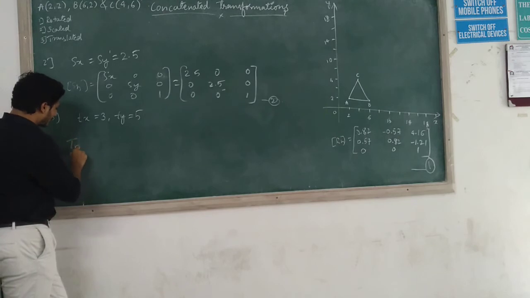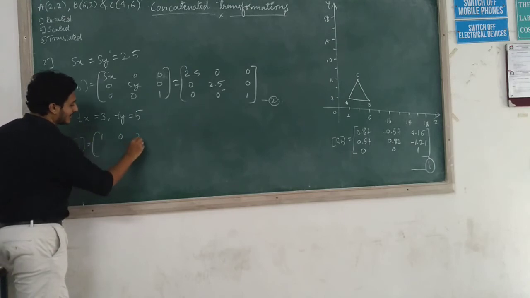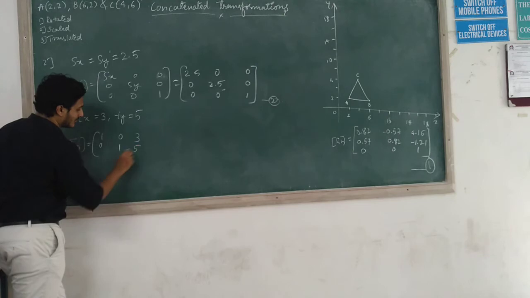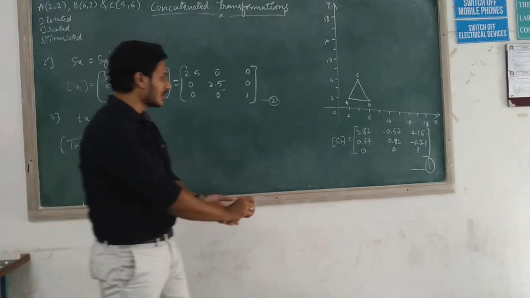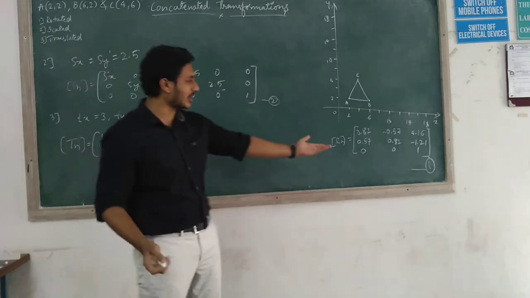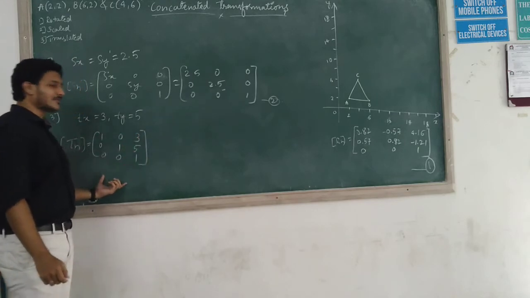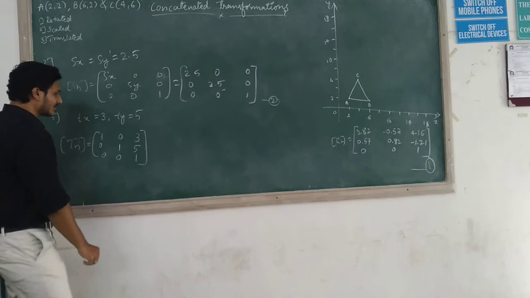So the translation transformation matrix is 1 0 Tx which is 3, 0 1 Ty which is 5, and 0 0 1. This is the translation transformation matrix. Okay, we got the rotation matrix, the scaling matrix, and the translation matrix.